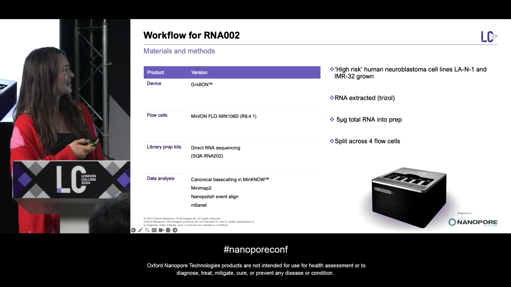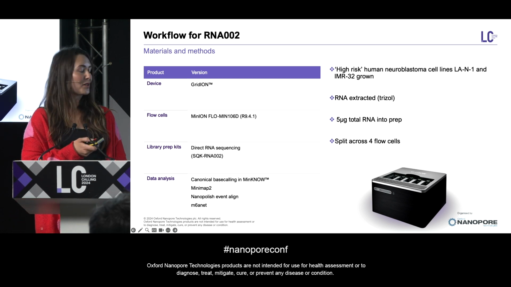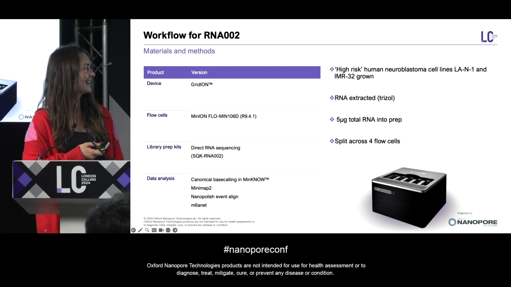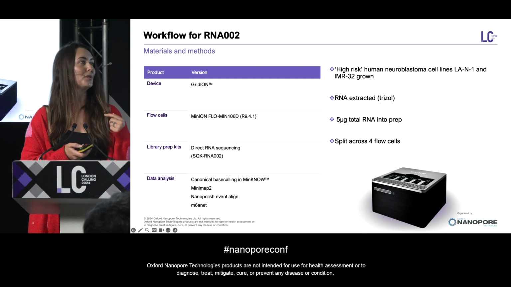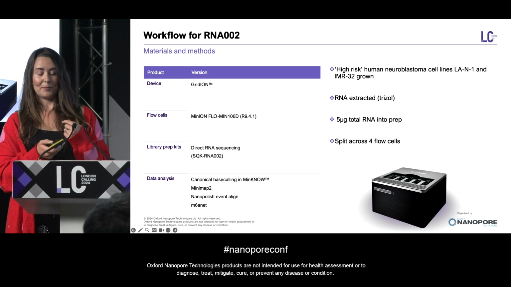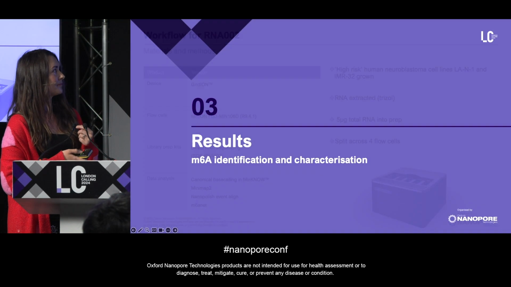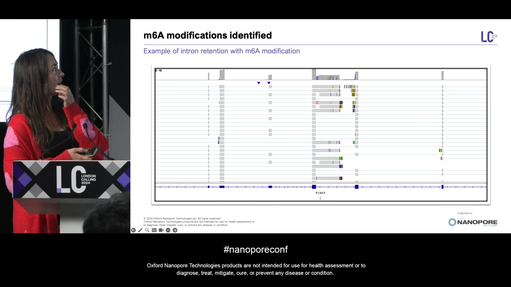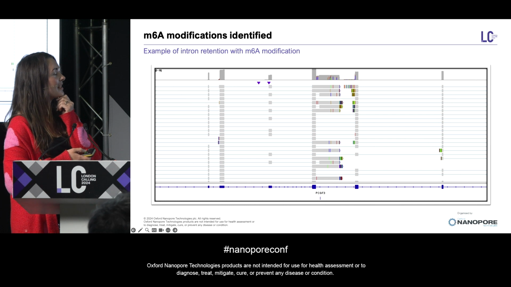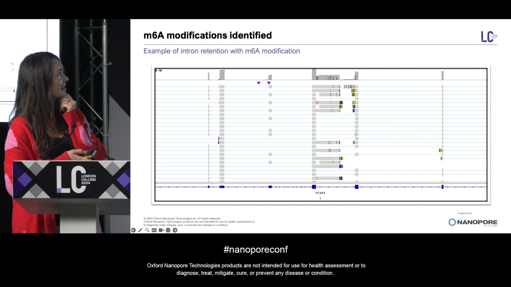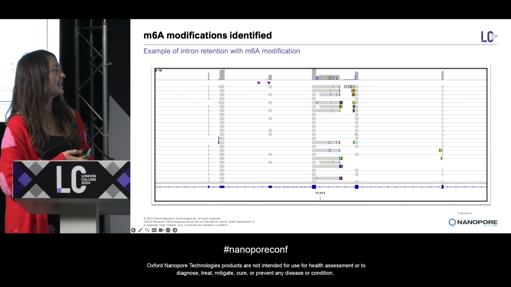We did canonical base calling with Guppy, used Minimap2 to align, and Nanopolish to event align, and then the m6Anet tool to identify the m6A modifications. This is an example of one of our m6A mods that we found in the 002 data.